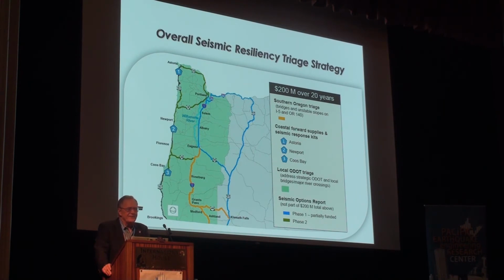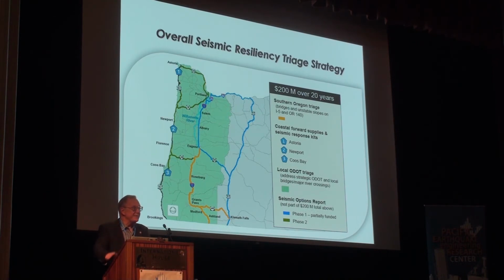in 2017, which for the first time, and I know we're in California here right now, where over the last 25 years they've spent $14 billion retrofitting their highway system, and in Oregon we have never had dedicated funding for seismic, because we're a low seismicity state. And until we really learned all we know now about Cascadia Subduction Zone, it wasn't a high priority for our legislature.